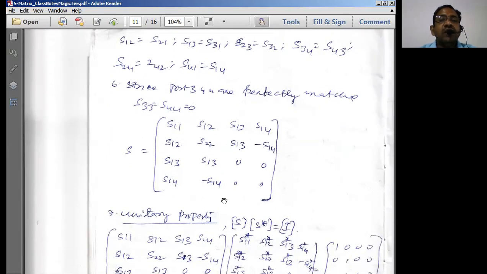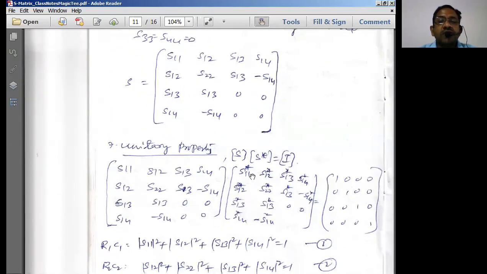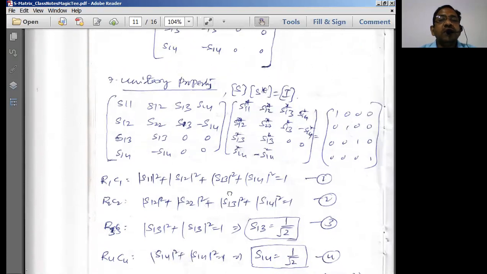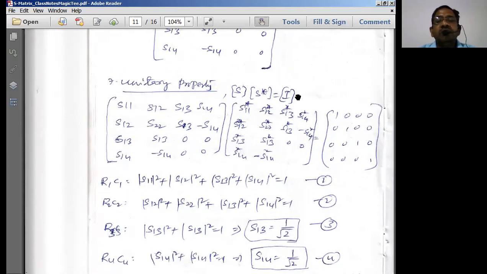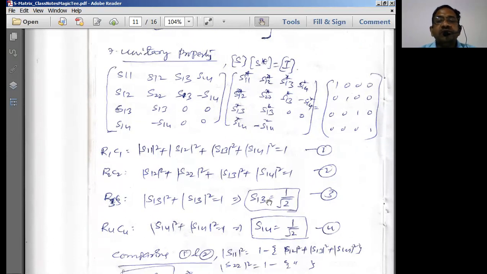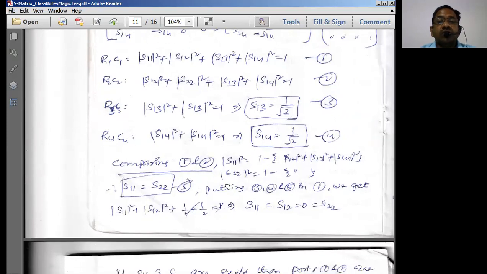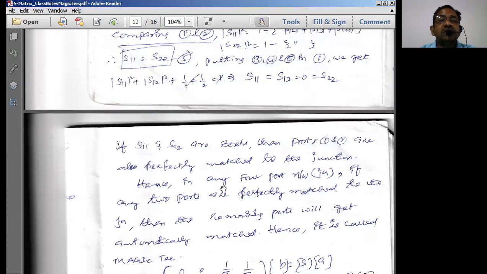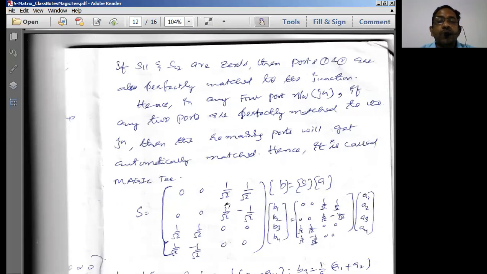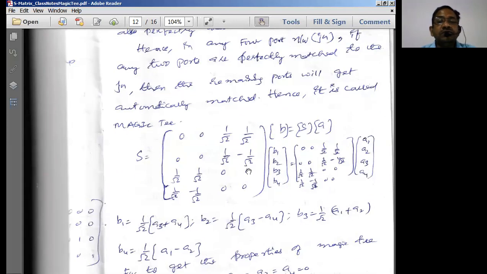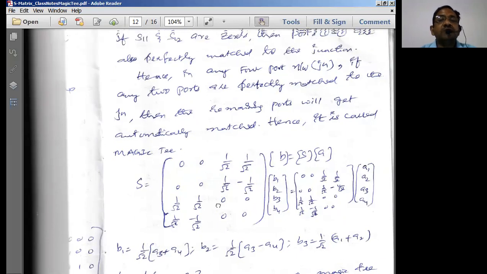The story remains the same: unitary matrix, S into S conjugate is equal to I. We substitute this, same as the previous procedure, and get the equations for R1 C1, R2 C2, R3 C3, and R4 C4. By solving all these equations, we get the parameters S11 to S44, and we substitute them to get the S matrix.